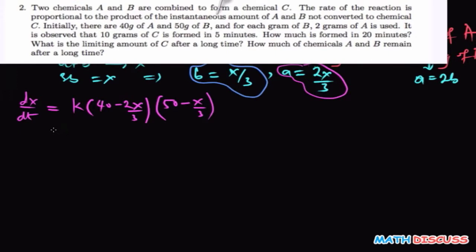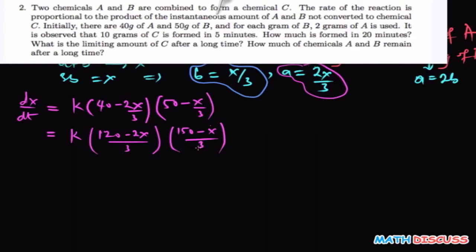Now to solve this, we could simplify it as k into, when you take the LCM, 120 minus 2x all over 3 into 150 minus x divided by 3.